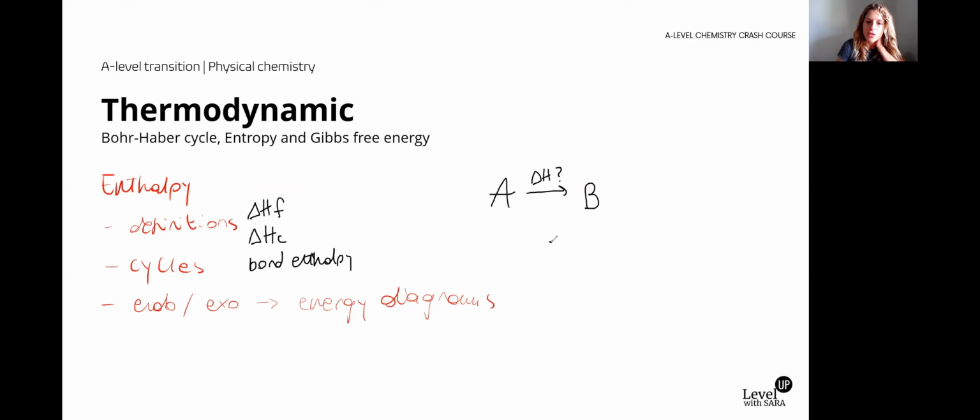And then we know that Hess's law states that the enthalpy of a reaction is independent of the path taken. So we can go A to B, or we can go A to B this direction. The difference is what is C. In the case of formation, it will be the common elements. Do you remember the definition of formation?